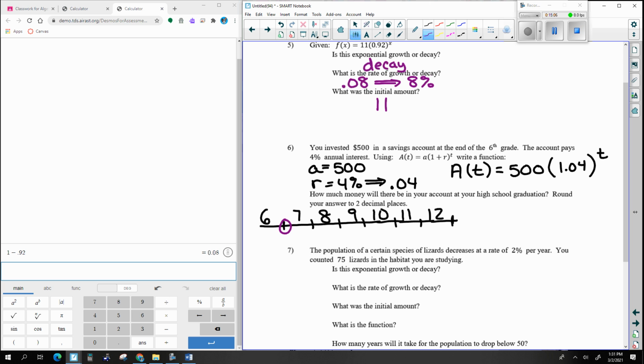So here's where we started: 1, 2, 3, 4, 5, 6. That means that t is 6. So what is the amount of money in my account after 6 years?